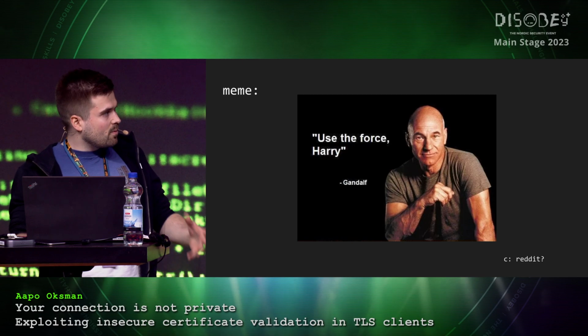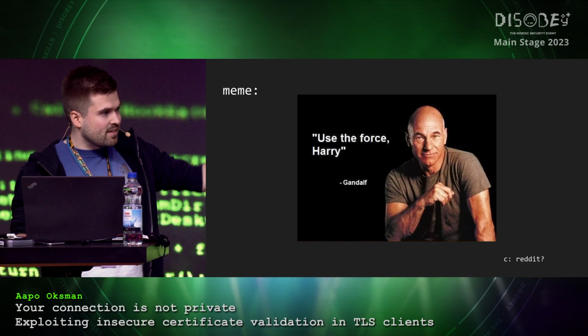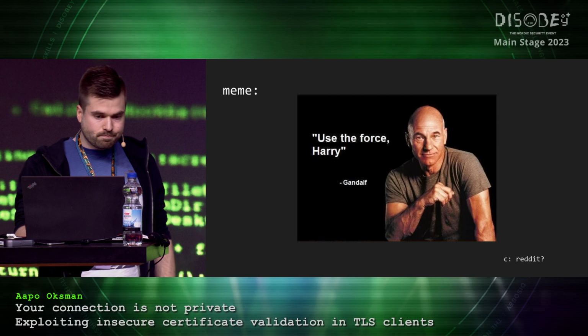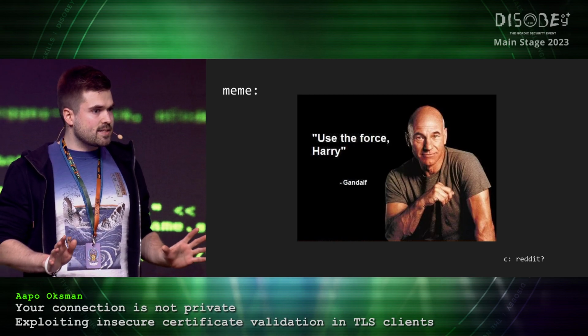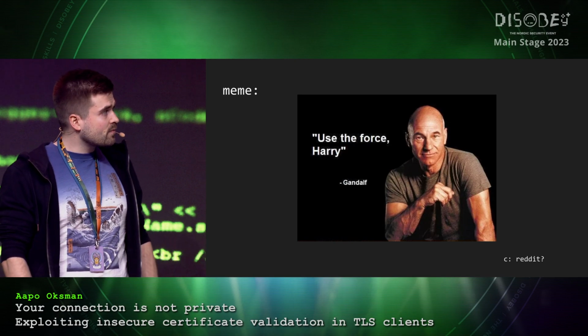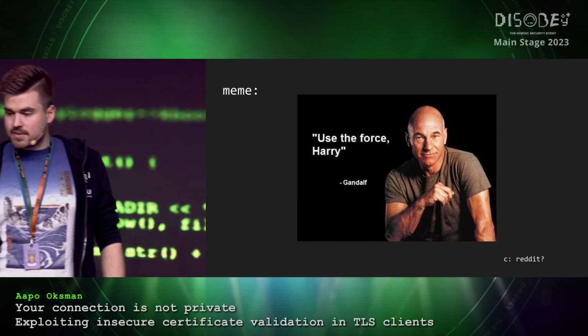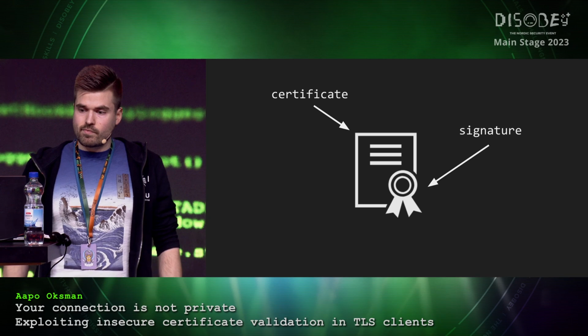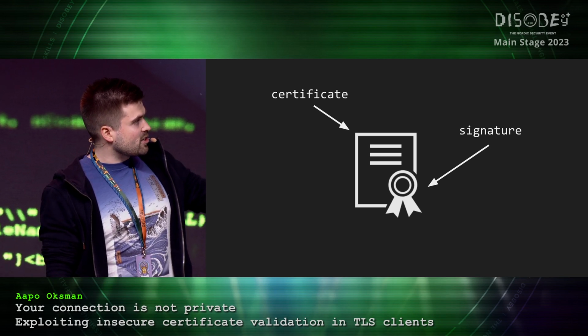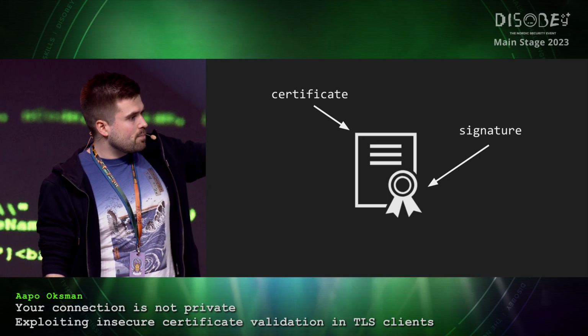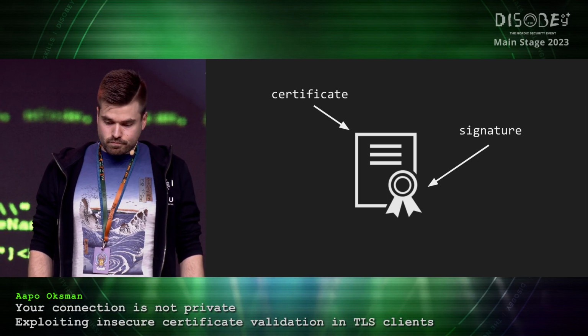But we need something else than just the name on the bottom. So there is actually a way to make these certificates valid. So we have a certificate, and we put a signature on it.